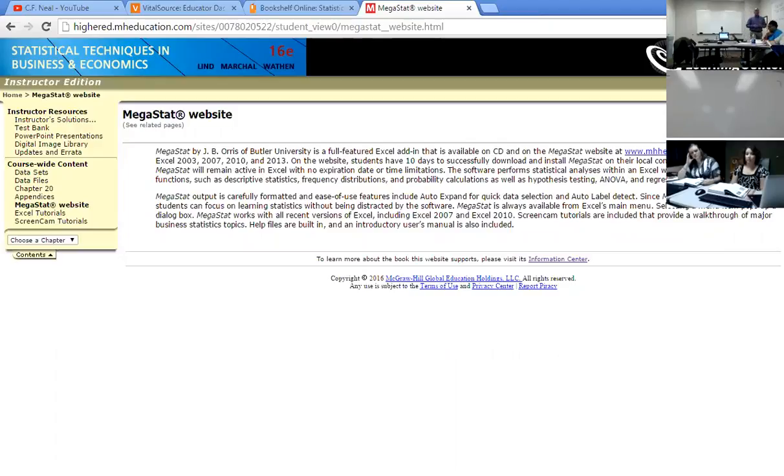We're going to say that there are two types of statistics. The first we call descriptive statistics. Methods of organizing, summarizing, and presenting data in an informative way.